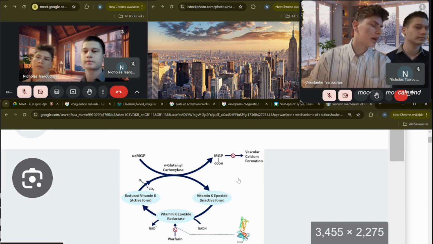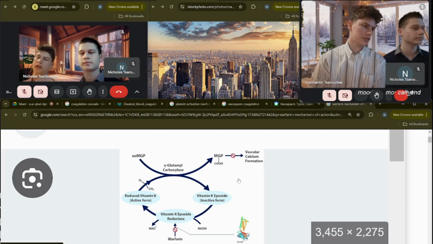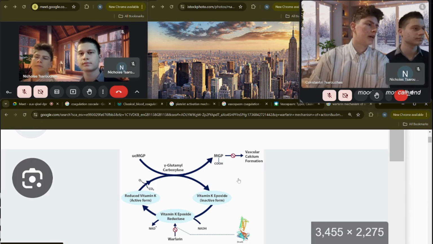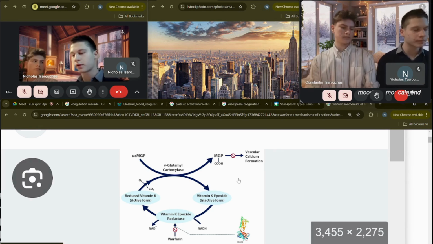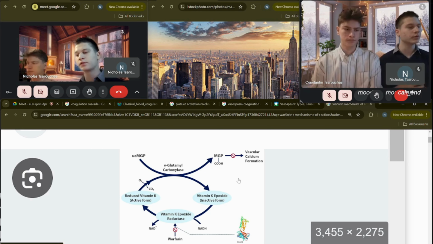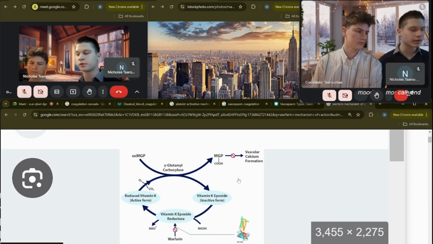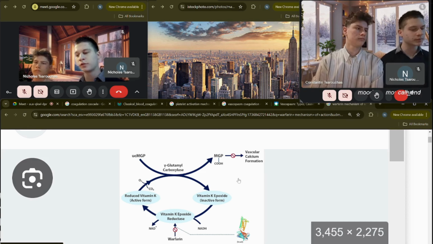We've looked at how we form clots using fibrin mesh aggregates, and how blood clots are broken down through a process known as fibrinolysis. So we form the clot, and now we need to break it down, so we need to break down fibrin into its breakdown products. This is done through plasmin, which is formed from plasminogen by tissue plasminogen activator, released by damaged tissues.